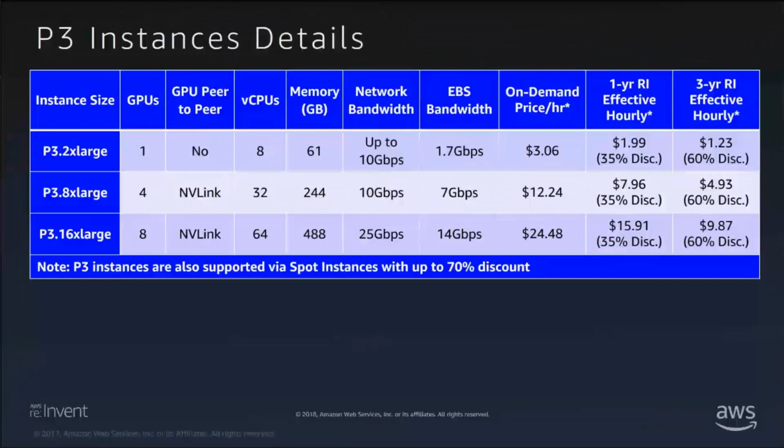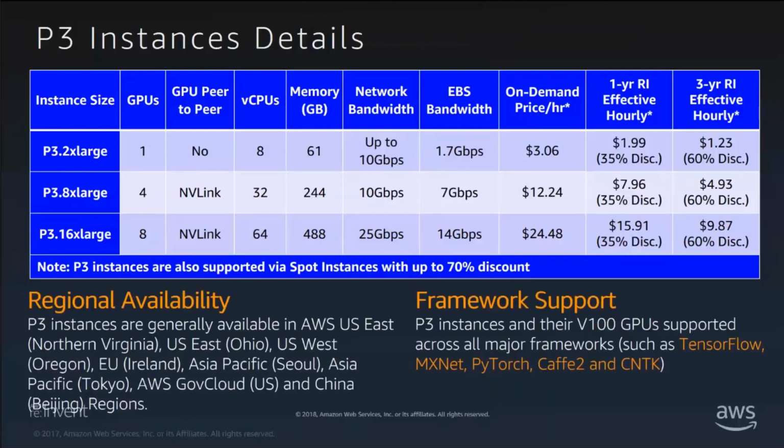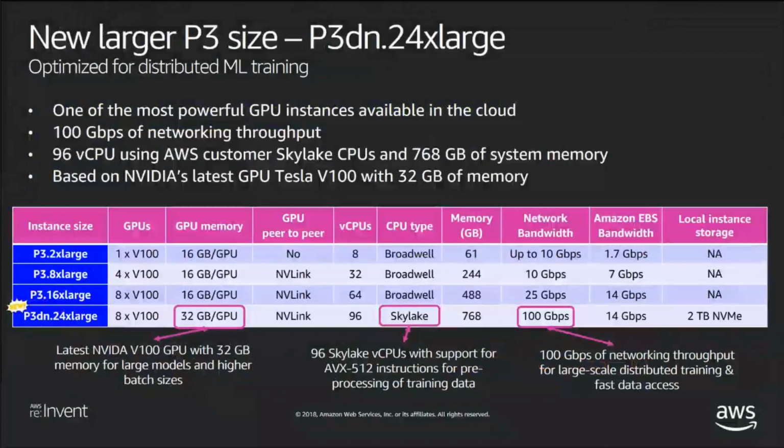And then here are some more details. If you log onto your console, you will be able to see the P3 2xlarge, which gives you 1 GPU, up to the P3 16xlarge as of before re:Invent. But now, if you look at the new offering, we have the P3dn 24xlarge, which has 32 gig GPUs with NVLink.